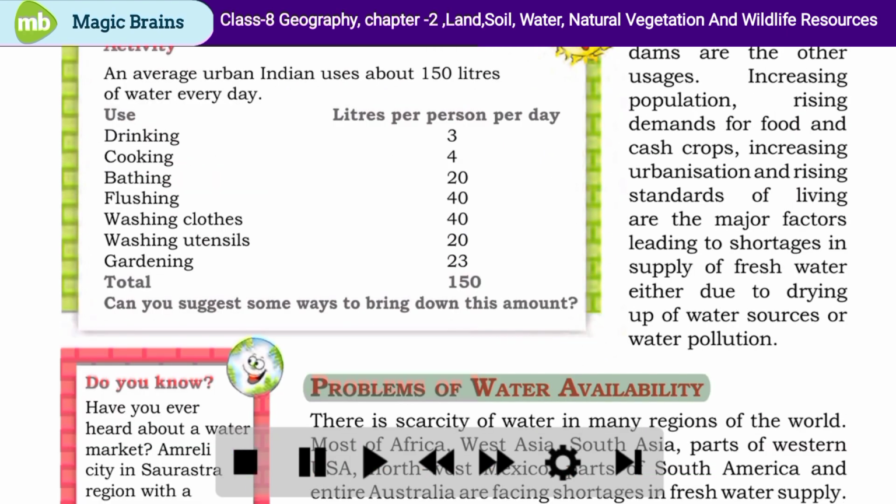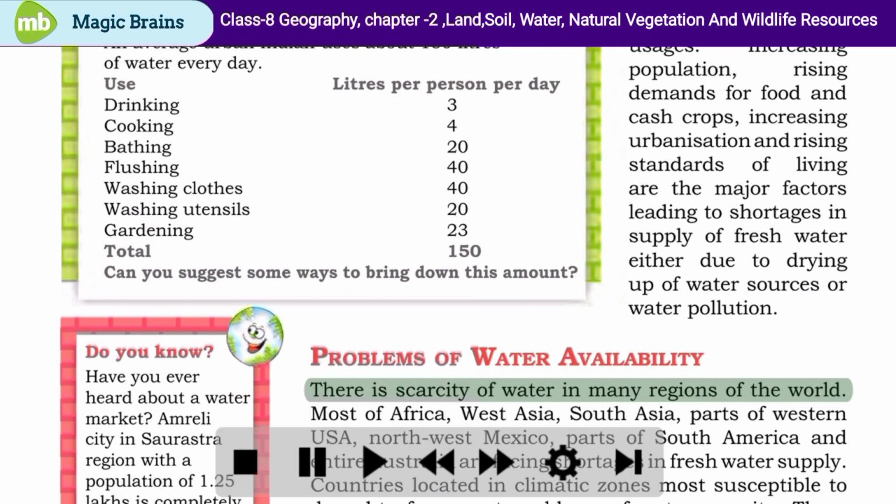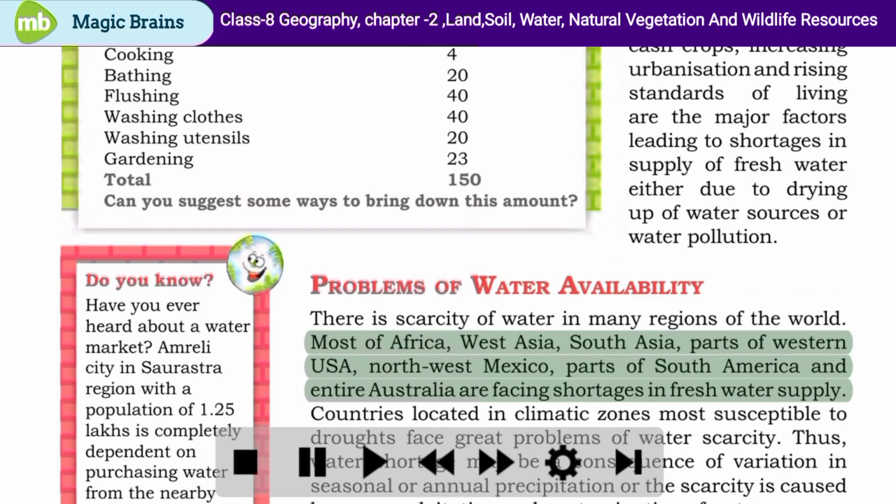Problems of water availability. There is scarcity of water in many regions of the world. Most of Africa, West Asia, South Asia, parts of Western USA, Northwest Mexico, parts of South America, and entire Australia are facing shortages in fresh water supply.